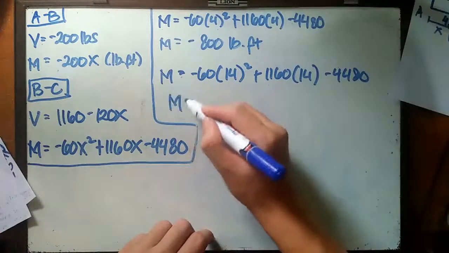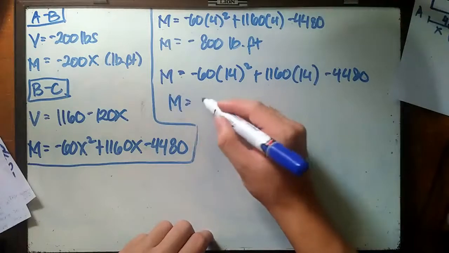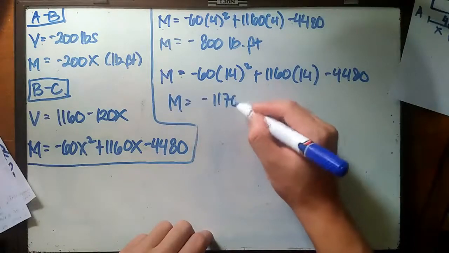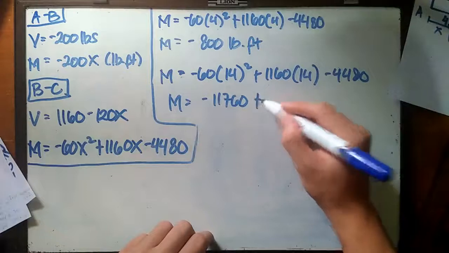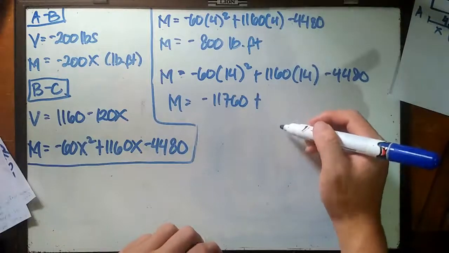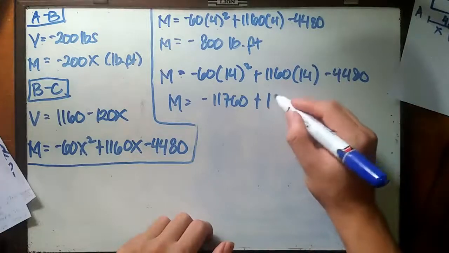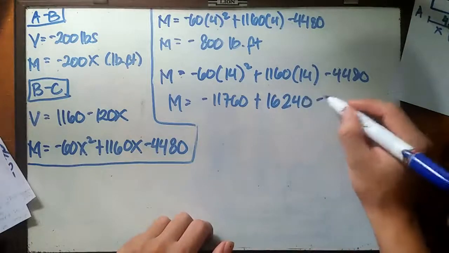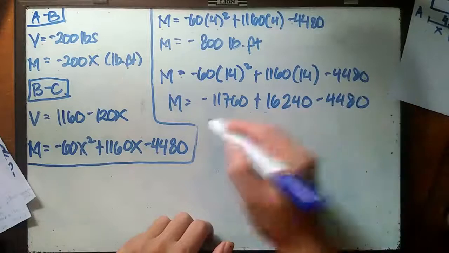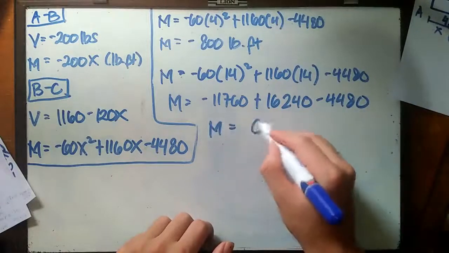So M should be approximately negative 11,760 plus, I think this is approximately 16,240, minus 4,480. The answer for this one should go back to 0.